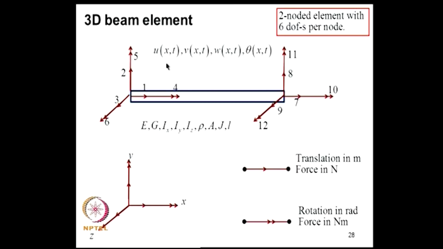We considered this structure, and the displacement fields that we assumed were axial deformation, deformation in plane, deformation out of plane, and the rotation about the longitudinal axis. So, we accounted for all the energies.